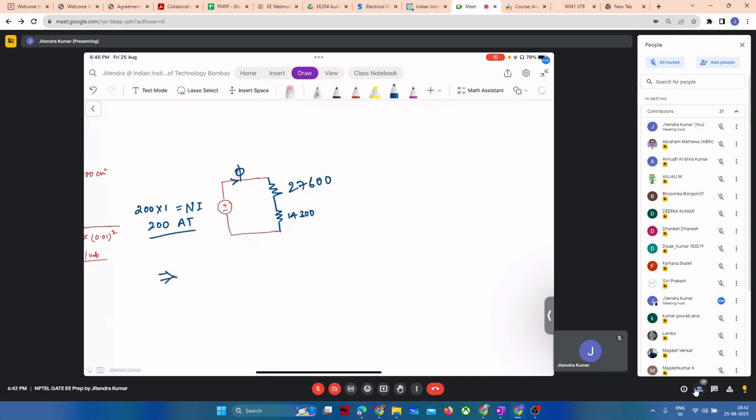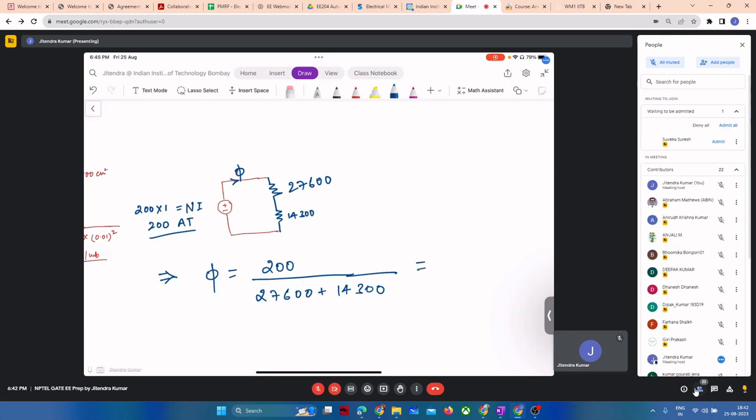Now we have a simple electrical circuit. We just have to apply the magnetic Ohm's law, that is phi equals 200 divided by 27.6K plus 14.3K.